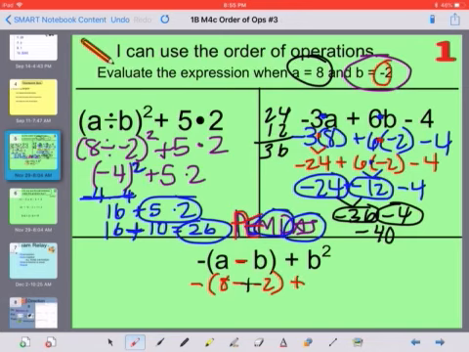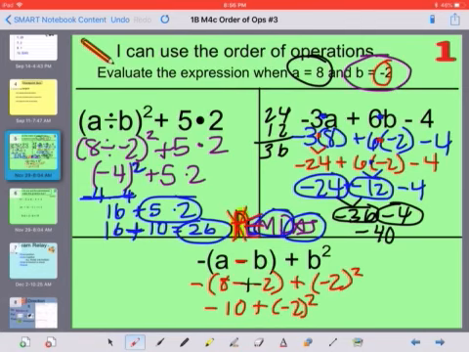This whole thing is B, so we really have -2 squared, not just 2. Order of operations tells us to do parentheses first. We can't simplify this 2, but we can simplify 8 plus 2, which is 10. And there's that negative out front. Plus, then we have -2 squared.